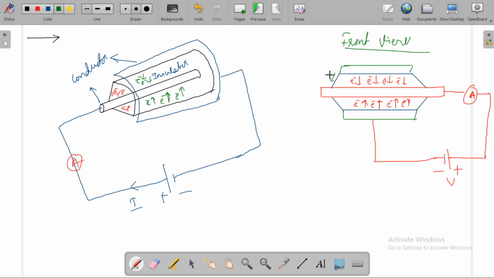Electrons will be flowing through the surface like this, and on the other side you are going to have electrons like this which are flowing through the surface.